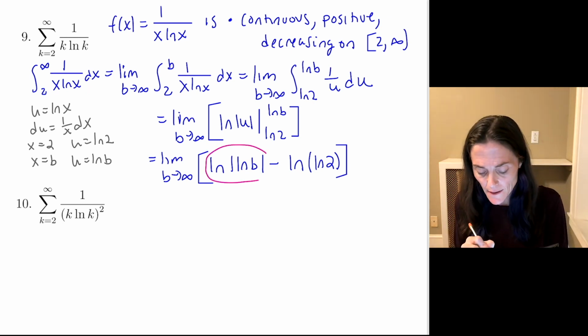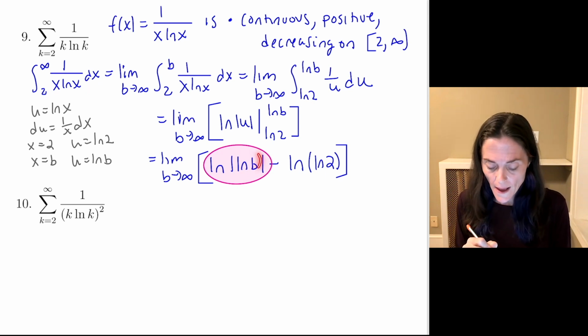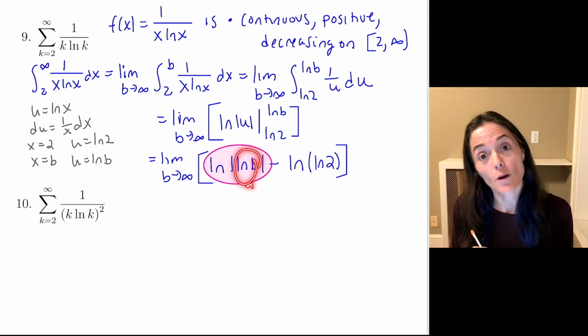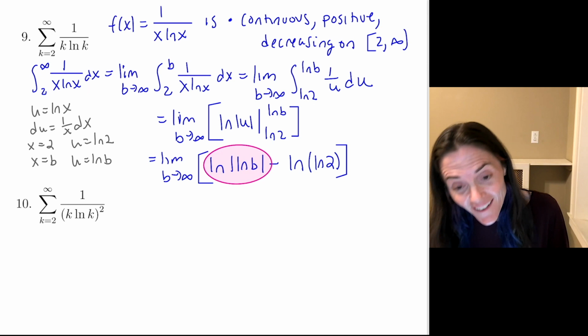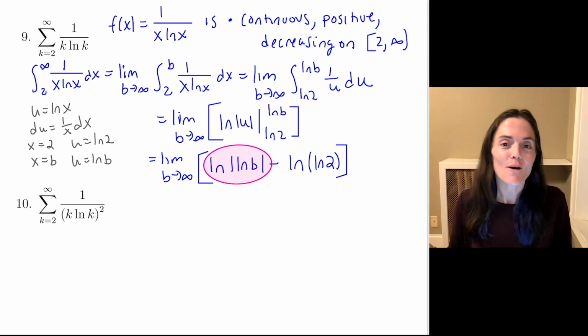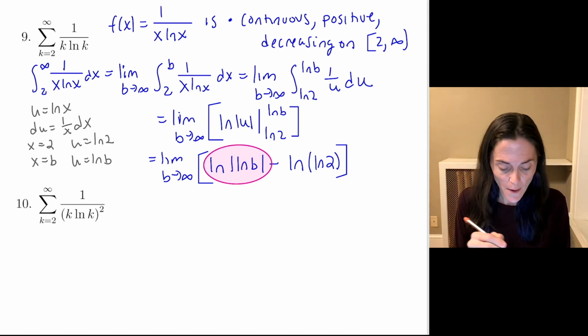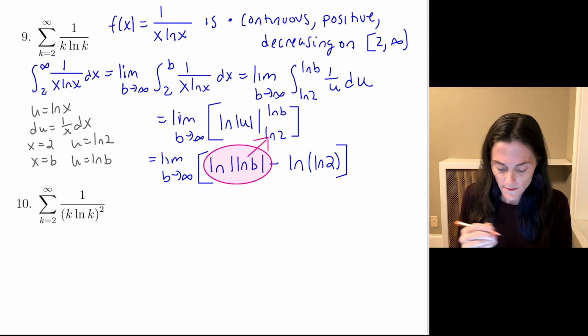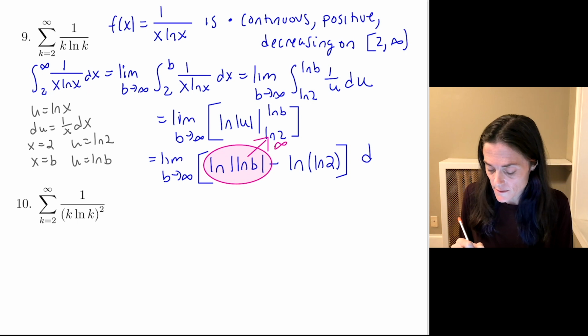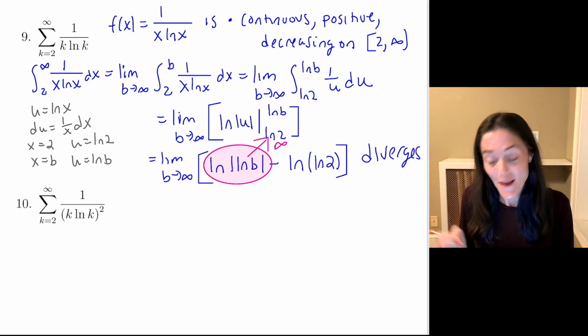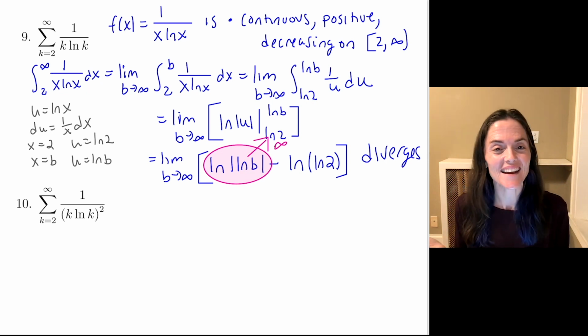But what's happening here? As b grows without bound, this part, ln b, grows without bound. Inside the log is growing without bound, so this will grow without bound. So this is going to infinity, which says the improper integral diverges. Now, I need to go back and speak about this series, but I'm almost there.